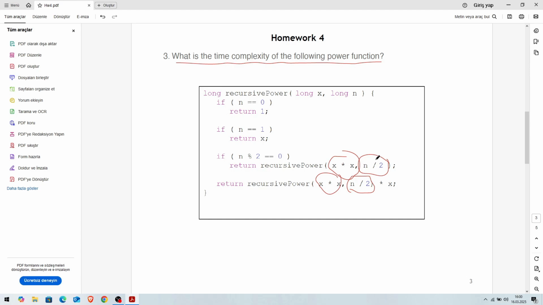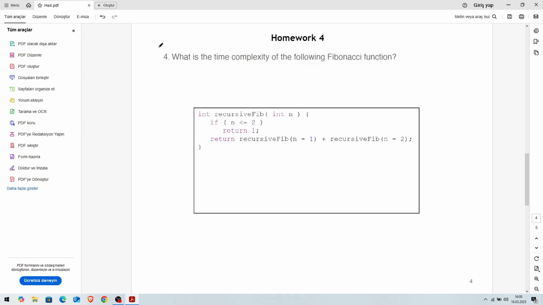Consequently, the recursion depth is proportional to log n, making the time complexity O(log n).